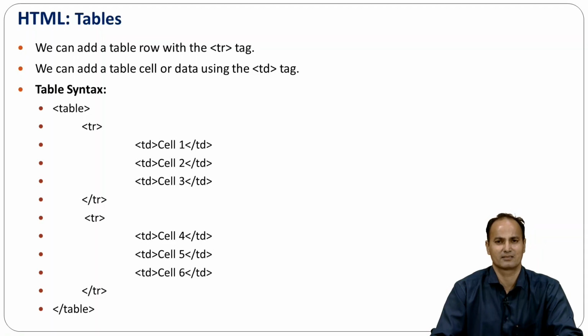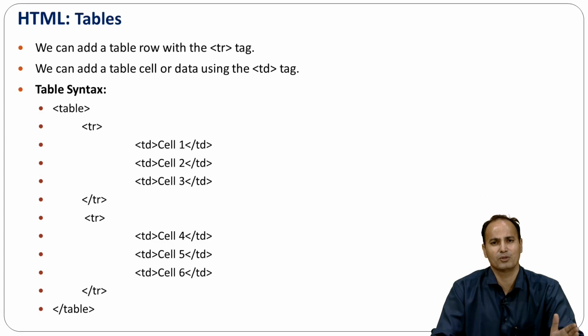We already discussed this. So to create a table in HTML, the simple structure looks like this. We will have a table tag as the primary and first tag to create a table. Within this tag, before we close the table tag, we will create a number of rows and columns in the form of cells to contain the data. Using the TR tag, we will create a row.